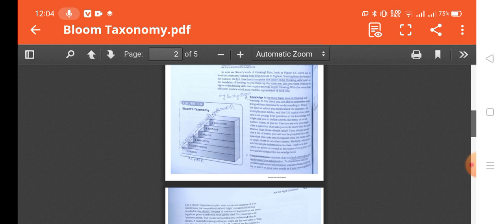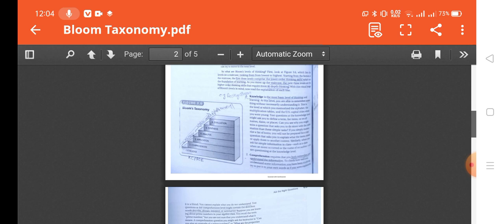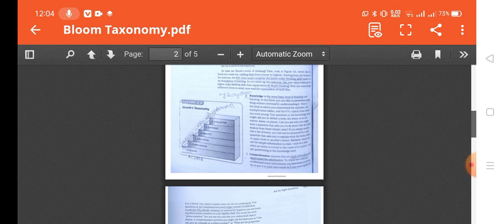And the next level is the synthesis level. Synthesis is, you can say, the opposite of analysis. In analysis you break down the whole complex into parts, but in synthesis you combine those parts and build something.